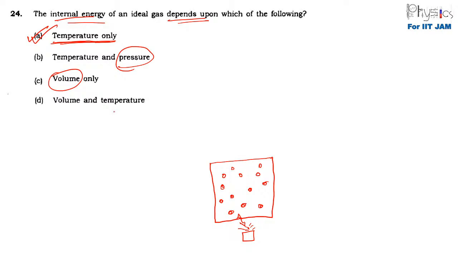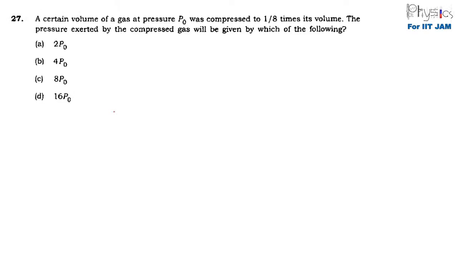So let's go to the next problem. This is our next problem today. Here the question is, a certain volume of a gas at pressure P0 was compressed to 1/8 times its volume. The pressure exerted by the compressed gas will be given by which of the following?